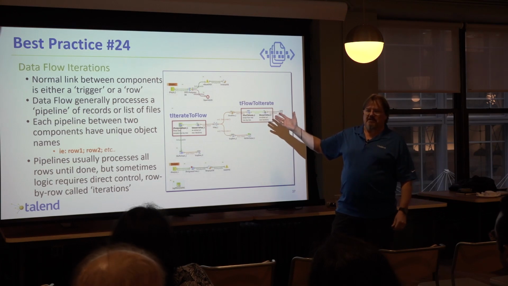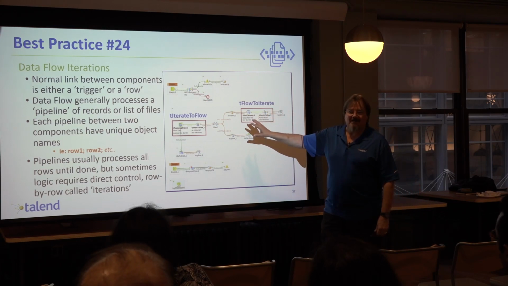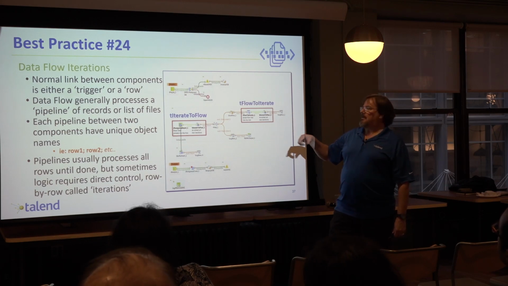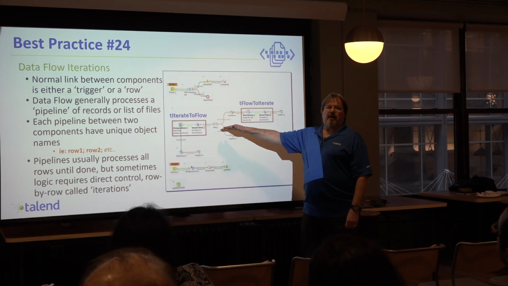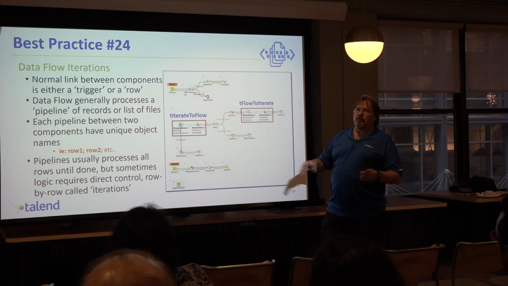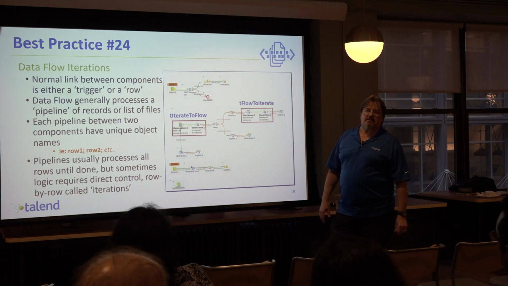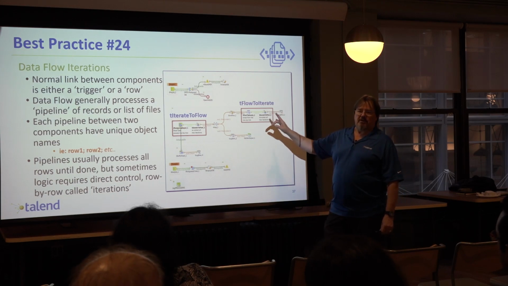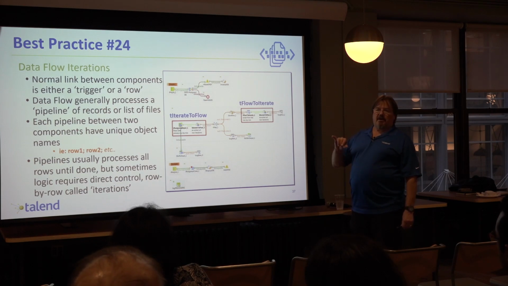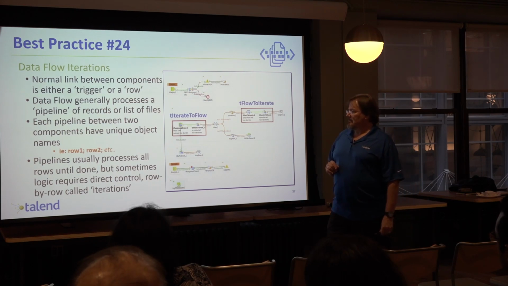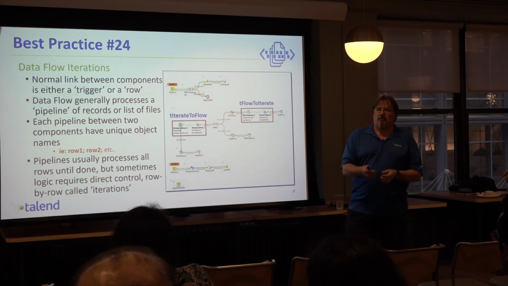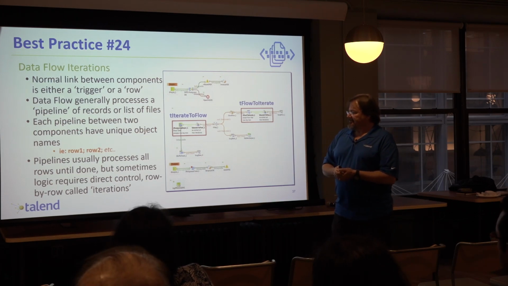And I don't even think of it as a limitation, but this construct will allow you to simplify a lot of code because you can pass things in record by record and iterate through them, rather than try and build loops and do all kinds of other crazy things. Very powerful components, but you usually use them in tandem. Iterate to flow and flow to iterate. Okay? Any questions on that one? A use case.